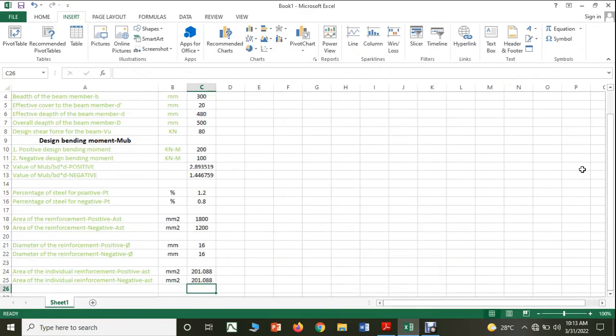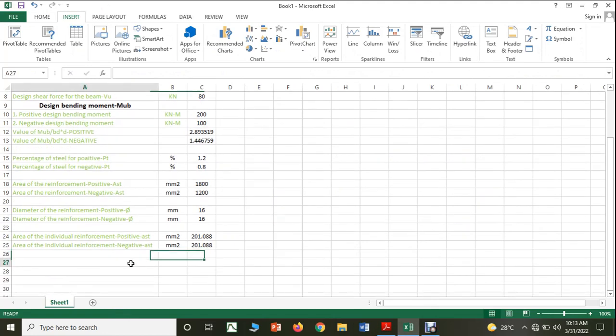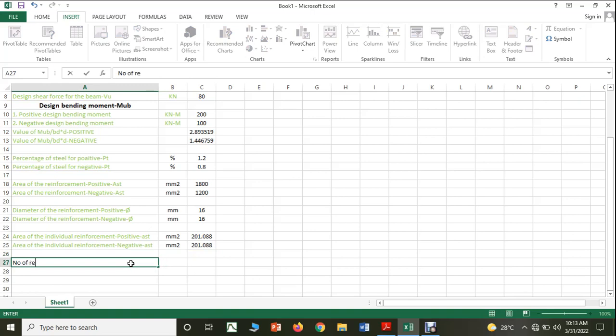So I'm supposed to provide the number of reinforcement required in the positive side.